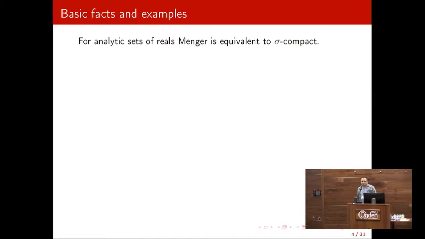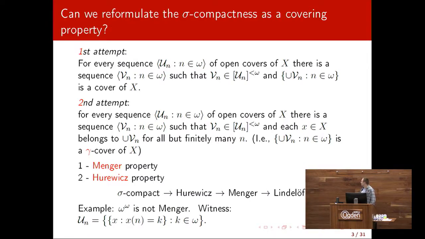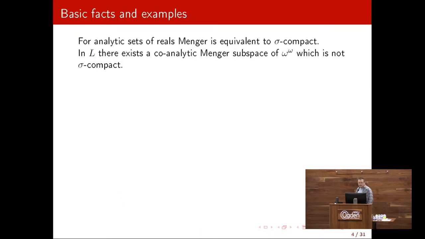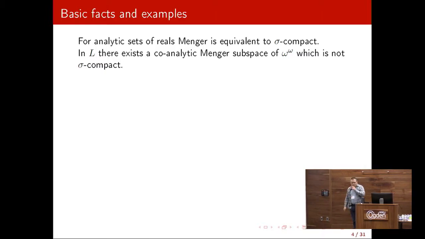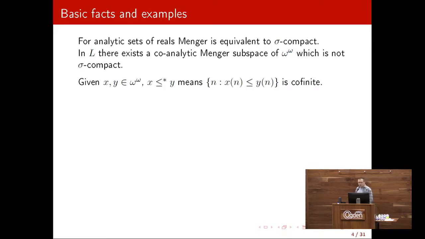For these, the Menger property is equivalent to sigma compactness. So all these properties collapse to sigma compact spaces. But in L, the constructible universe of Gödel, you already have co-analytic Menger subspaces of the Baire space which are not sigma compact. And we will see later that you can distinguish all these properties outright in ZFC.